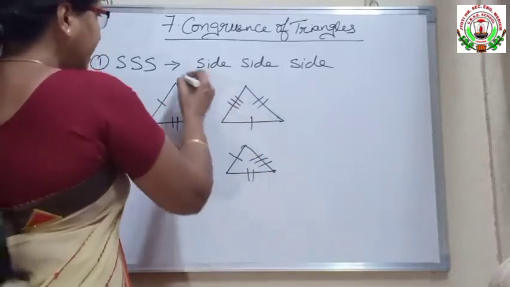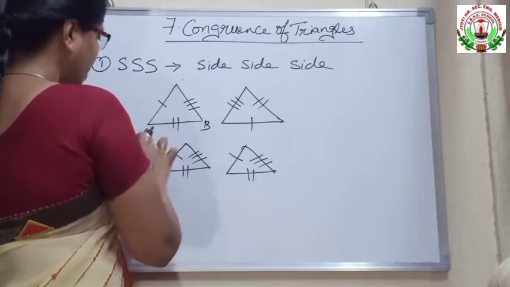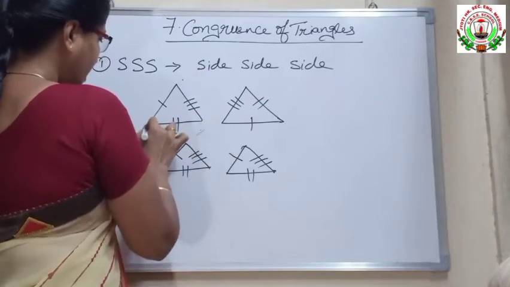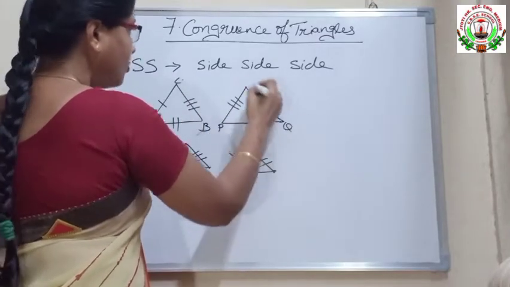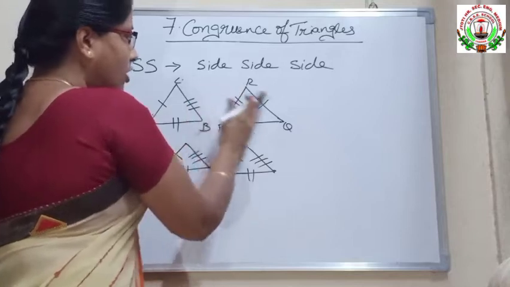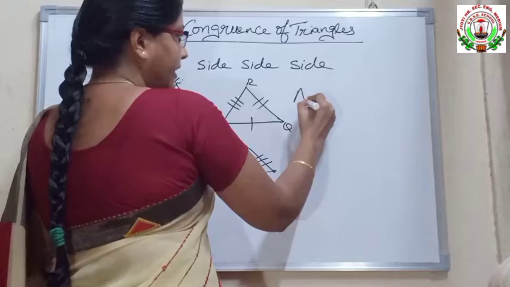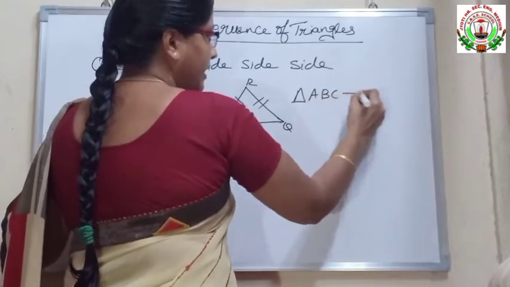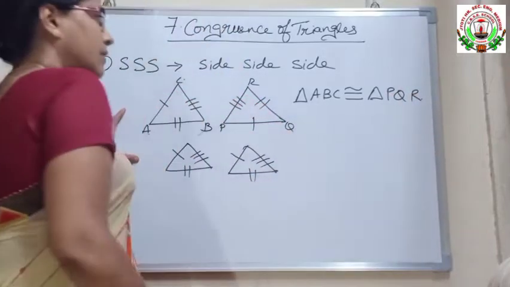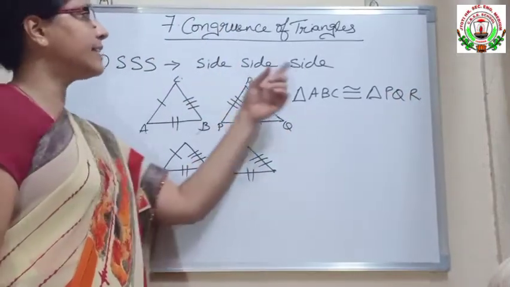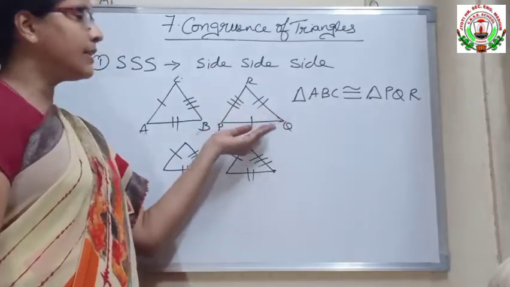Then we can say, let us name them A, B, C and P, Q, R. When all three sides of the triangles are equal to each other, we can say that triangle ABC is congruent to triangle PQR. That is, each side of the first triangle is equal to a side of the second triangle.